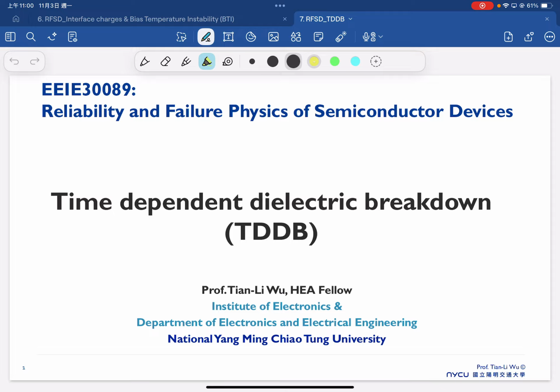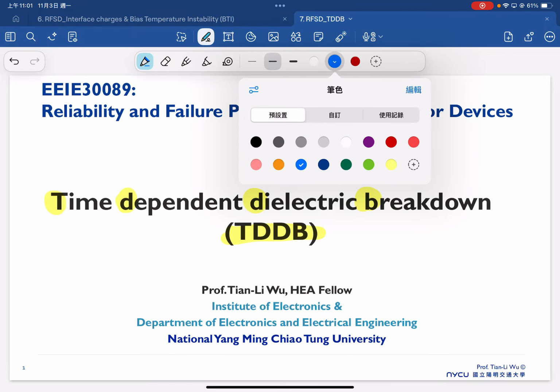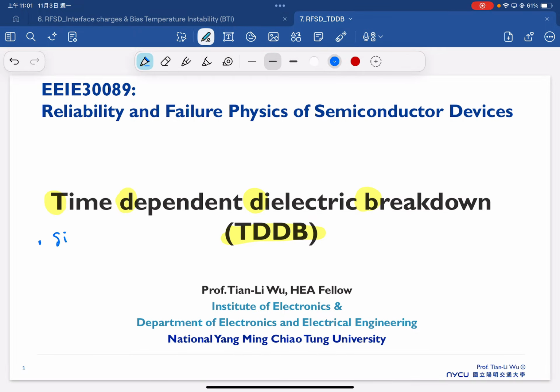Okay, so we will continue with the next reliability topic, which will be the time-dependent dielectric breakdown. In short, we just call it TDDB. In this chapter, we will only talk about the case of silicon dioxide, and also only the case with a silicon MOSFET.